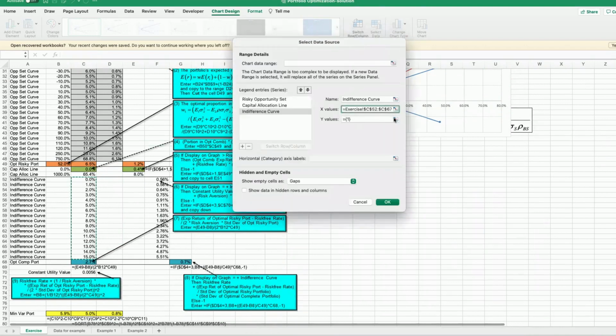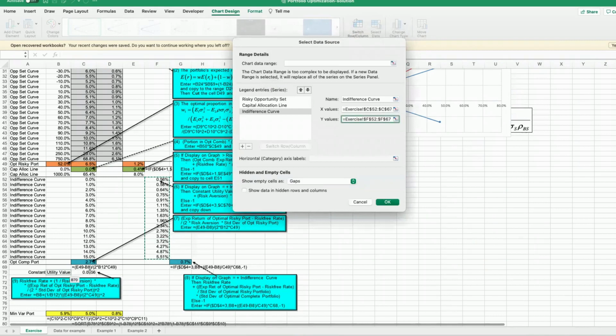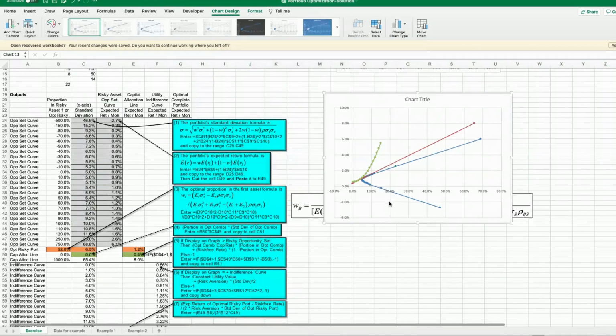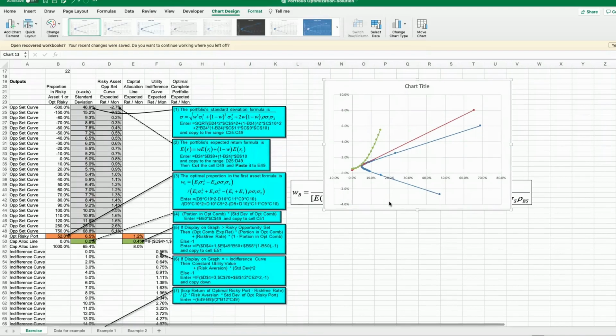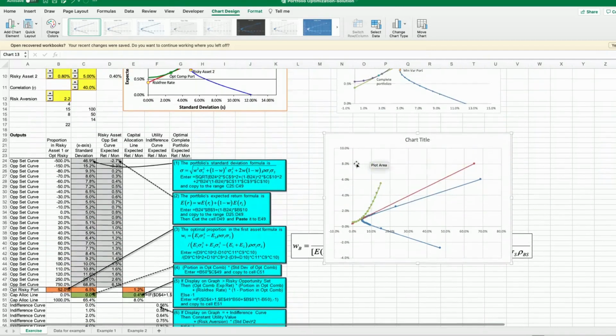And the calculation will back out the return based on the utility function with a constant utility value here. And click OK. And then we already have these 3 nice curves.